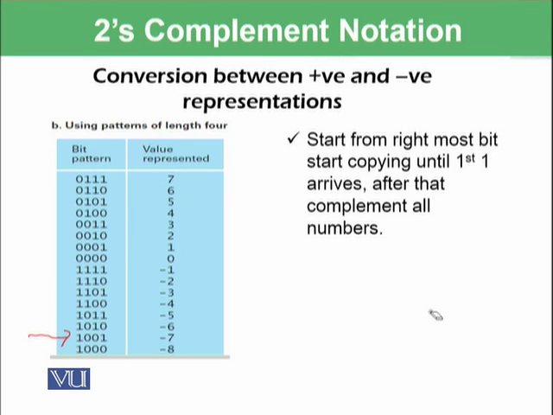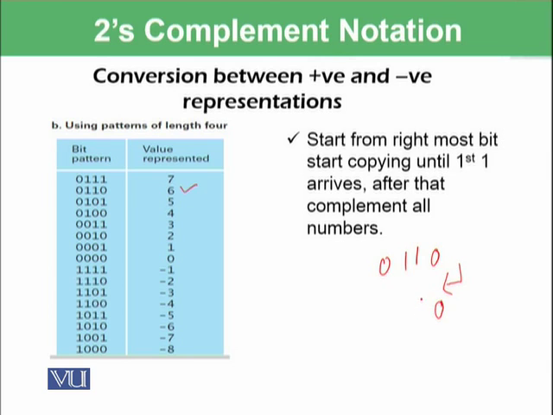Let's say we want 6. 6 is 0110. What bit pattern represents -6? As I already said, start from the right side and copy all of the bits until the first 1 is reached. So this 0 is reproduced as it is.